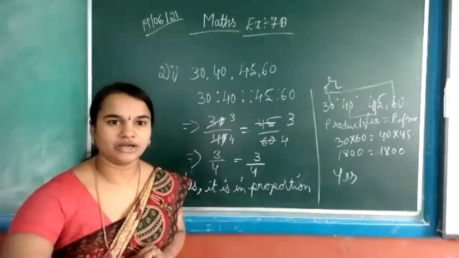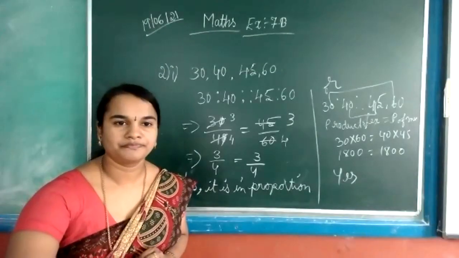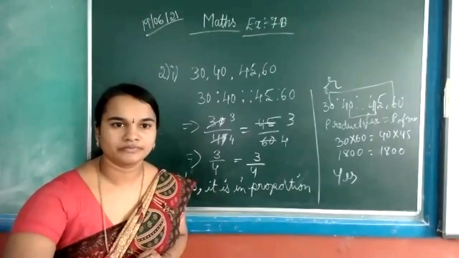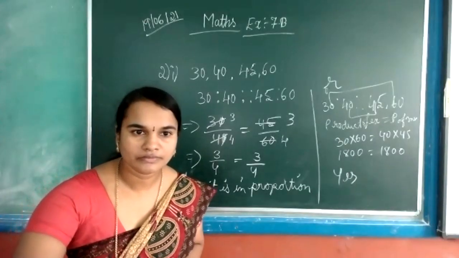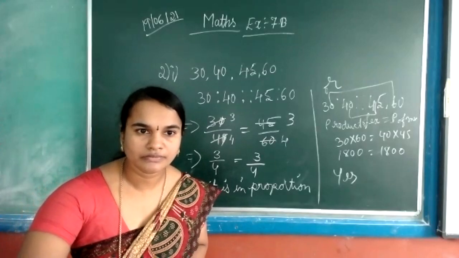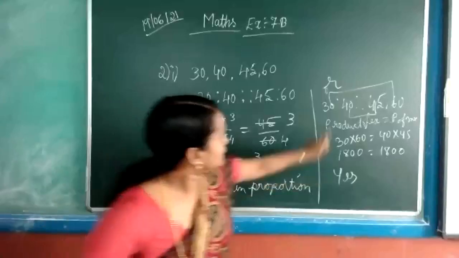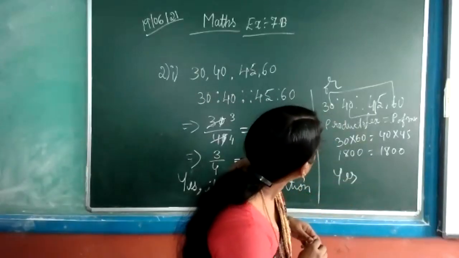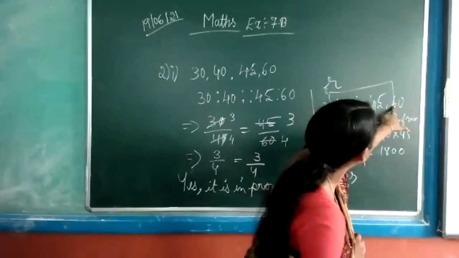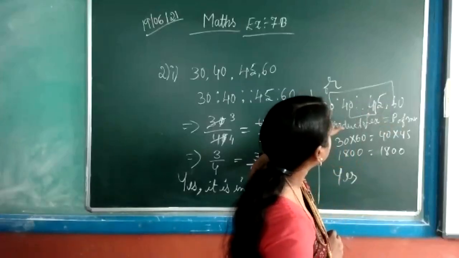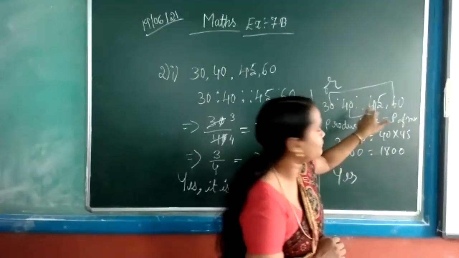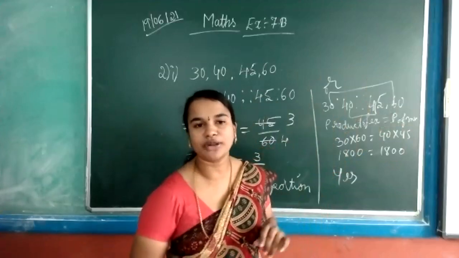Yes, Disha, what's your doubt? Miss, here you have explained the second method, in that 30 into 40 it should be, no? Yes, 30 and Miss, you have written 30 into 60, 40 into 45. Product of extremes equals product of means.